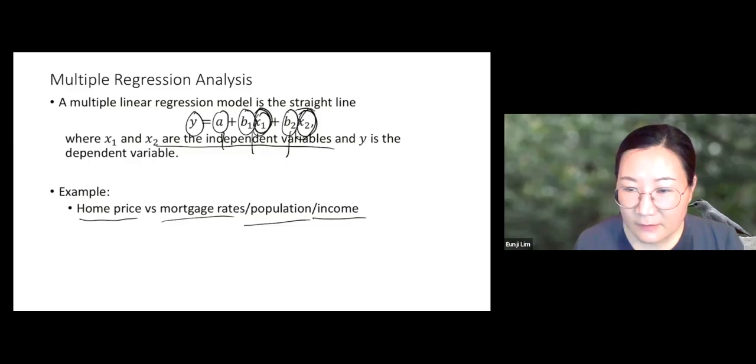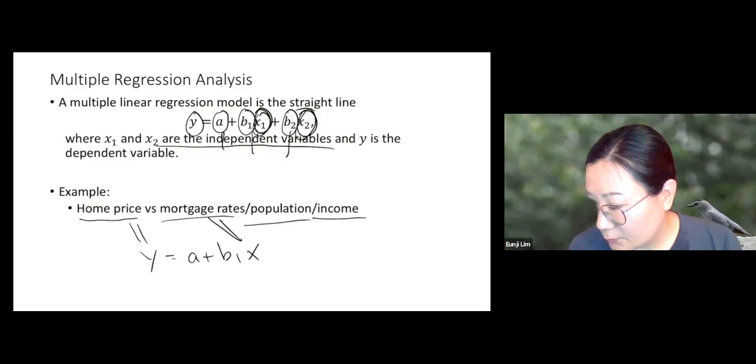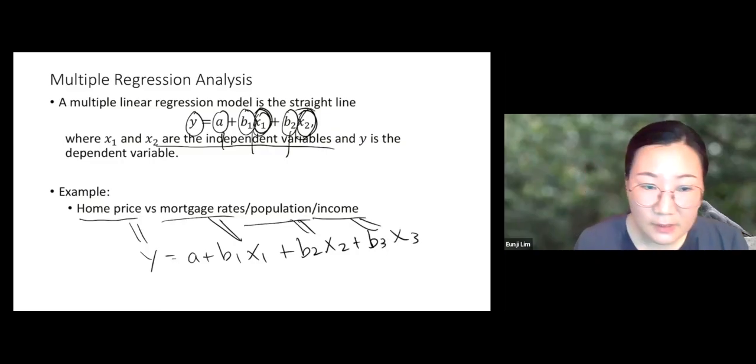In this case, we need to use a multiple regression equation with 3 independent variables. So the home price Y equals the intercept, plus B1 times X1, which is the mortgage rate, plus B2 times X2, which is the population, plus B3 times X3, which is the income level.